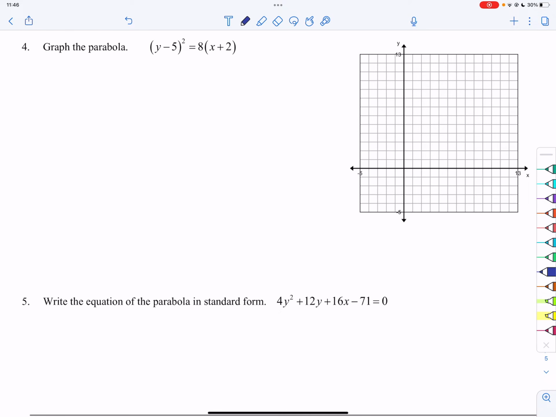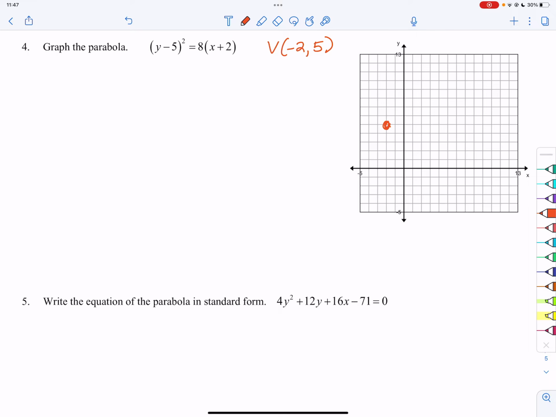So we're asked to graph this parabola, y minus 5 squared equals 8 times x plus 2. As you can see, our vertex is negative 2, 5. And I think it's worth just going ahead and putting that on the graph. There's our vertex.